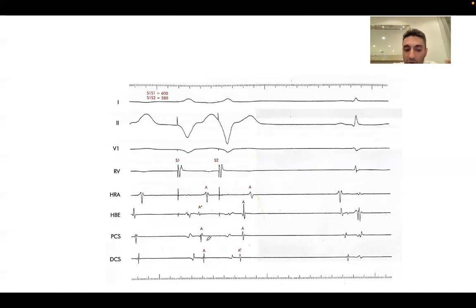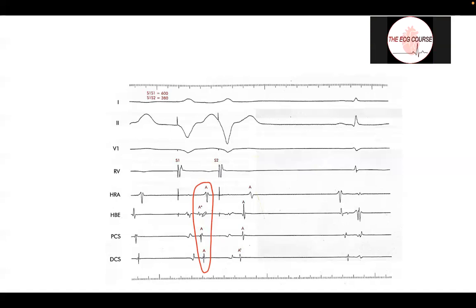This is the HIS, this is proximal CS, this is distal CS. Is this a normal pattern or an abnormal pattern? Normal, because it's earlier at the HIS, then proximal to distal, and late for HRA.